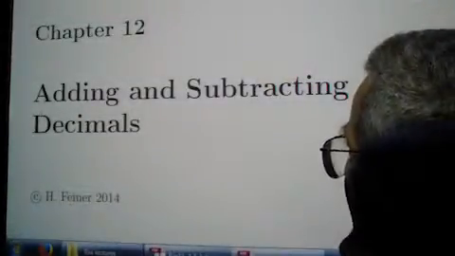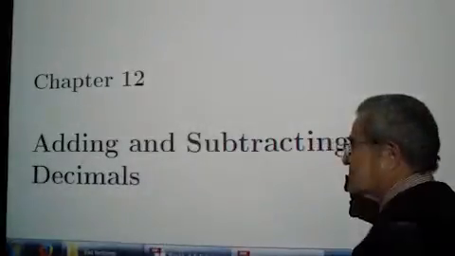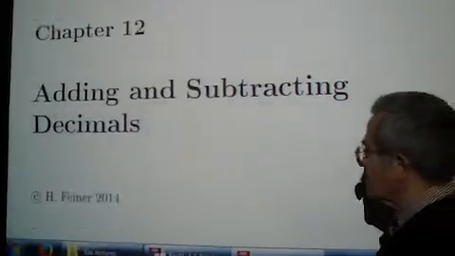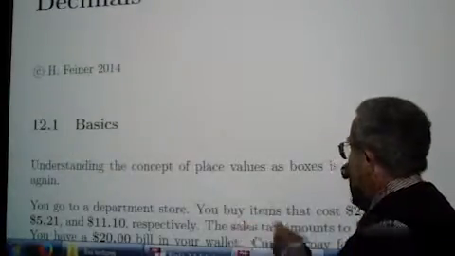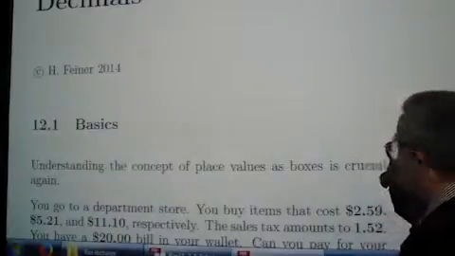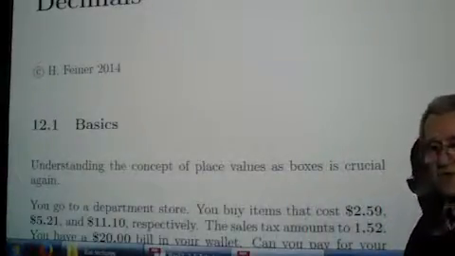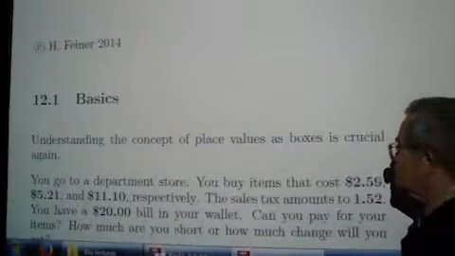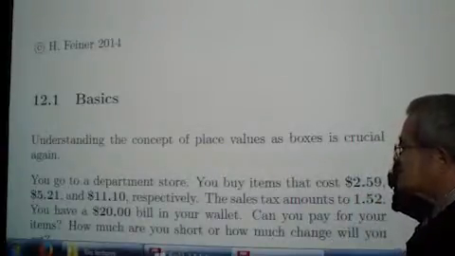Let's do chapter 12, which is adding and subtracting decimals. The basics. We want to understand the concept of place value as a box. Remember originally we had box of 1, box of 10, box of 100, and so on. Now, you go to a department store, you buy items that cost $2.59.